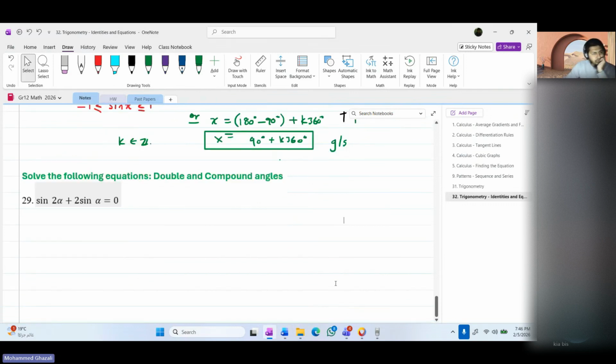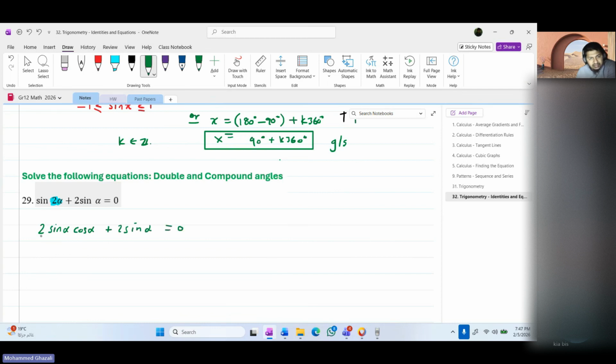So we got sine 2 alpha plus 2 sine alpha is equal to 0. Because I have a double angle here, remember, first of all, the angles are different, and the angle is a double angle. So the double angle for sine 2 alpha is 2 sine alpha cos alpha, plus 2 sine alpha is equal to 0.